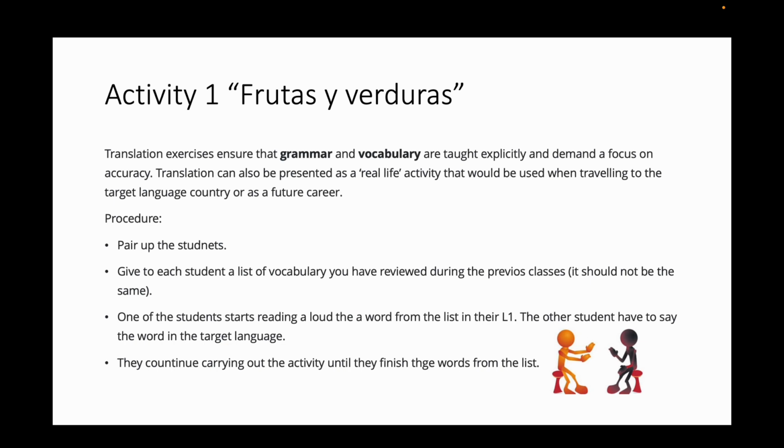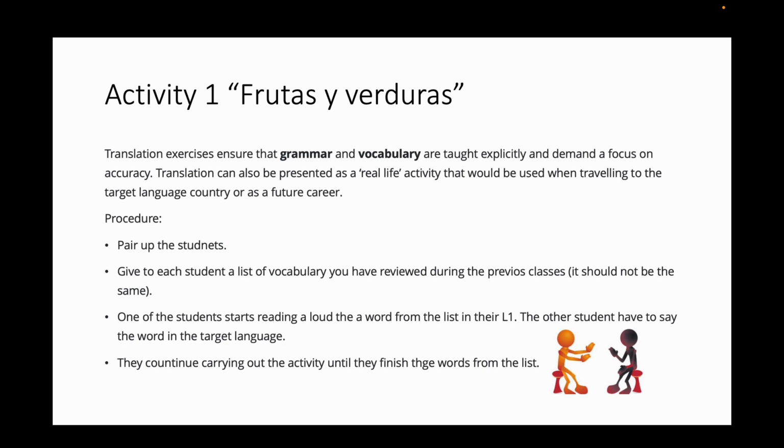When our students are learning specific grammar structures or vocabulary, they need to be precise. And this example of translation activity can help our students to develop this accuracy while they are using the grammar structure taught or the vocabulary learned. Okay, so translation can also be presented as a real-life activity that could be used while traveling to the target language country or as a future career.